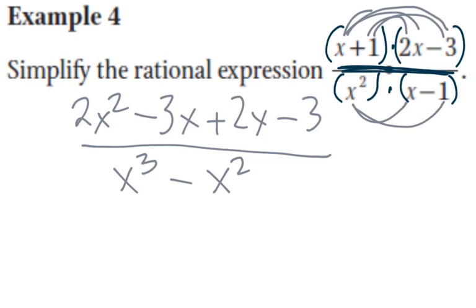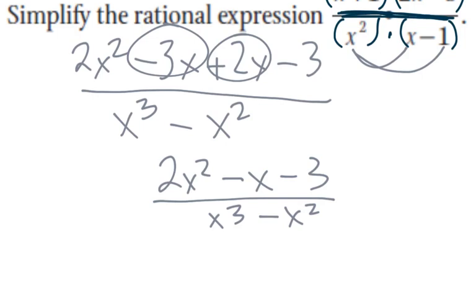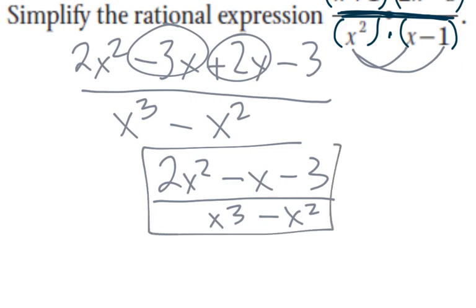Okay, now we can simplify some things. 2x squared, negative 3x plus 2x would just be negative x, minus 3 over x cubed minus x squared. Okay, now if I look at this, there's not really anything else I can do here, so we call that good. Sometimes there is more that you can do.